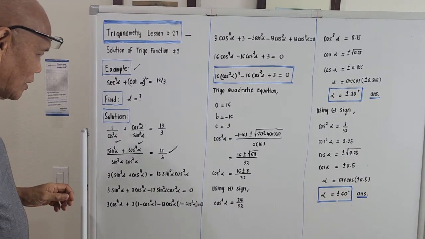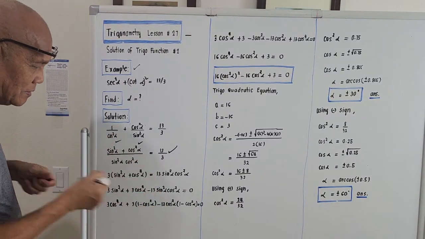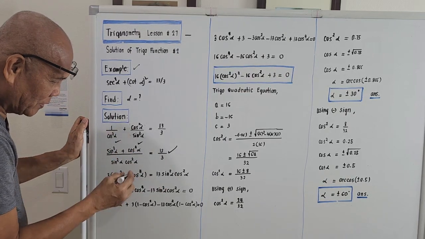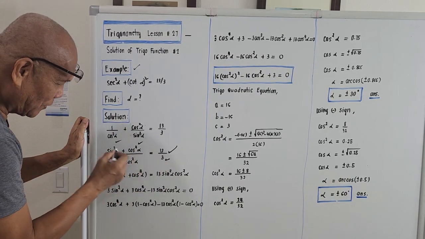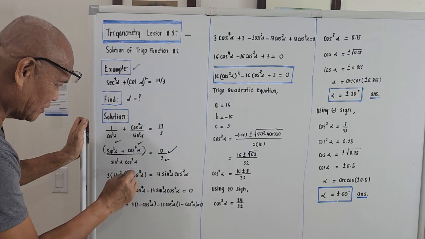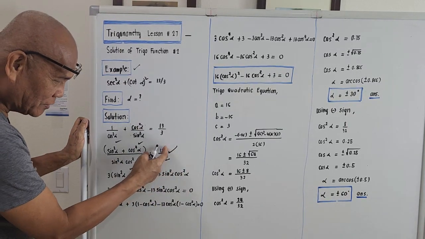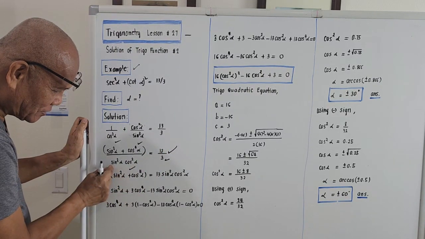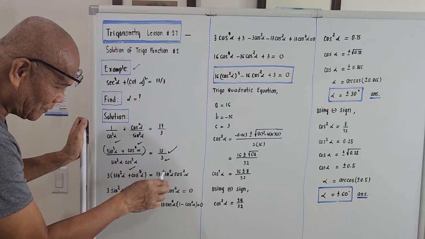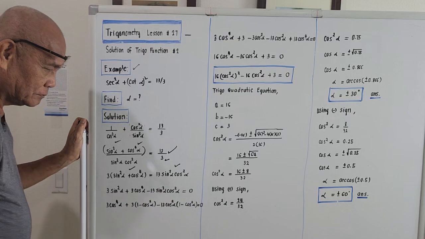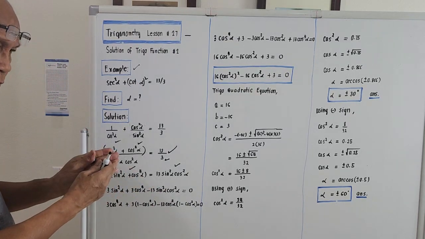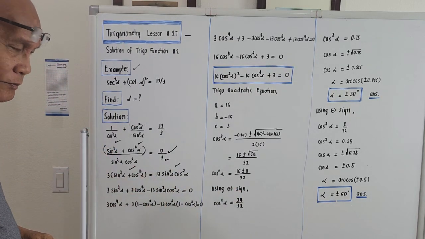So simplifying this one, we cross multiply, right? So 3 multiplied by this quantity here, it is this. And the right hand side will be 13 times this sine square alpha cosine square of alpha. We cross multiply, so we don't have any more denominator.